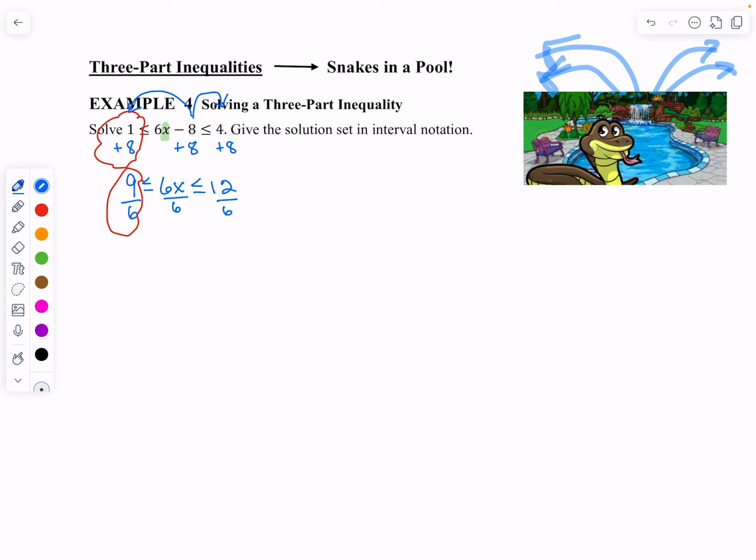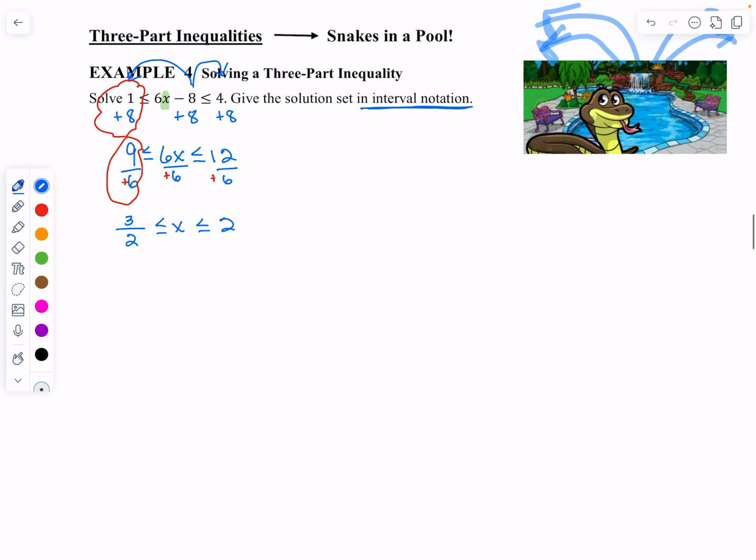I'm going to divide it all by 3. So 3 goes into 9 3 times, into 6 2 times. So 3 halves. I've got my X, and then on this side I have a 2. Notice I divided by a positive 6, so I do not have to move my inequalities. They stay the same. Okay, so this is my answer, but notice it says give the solution in interval notation.